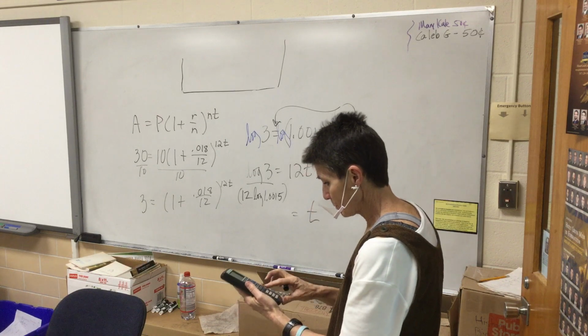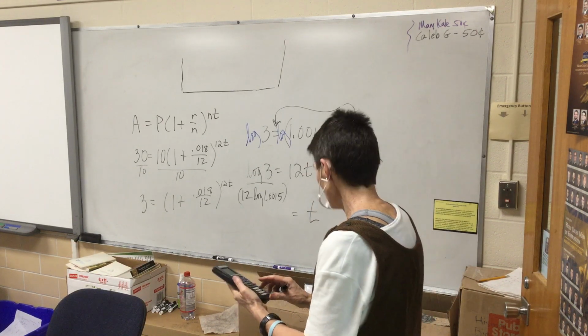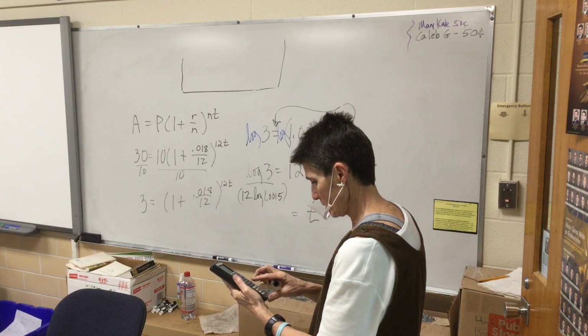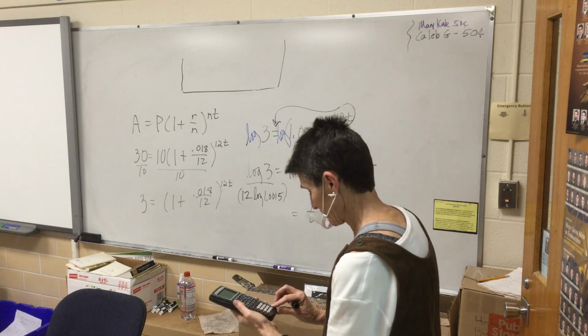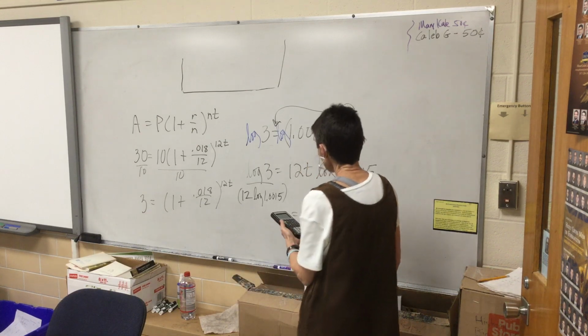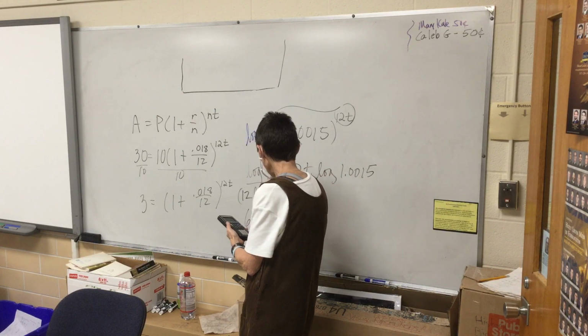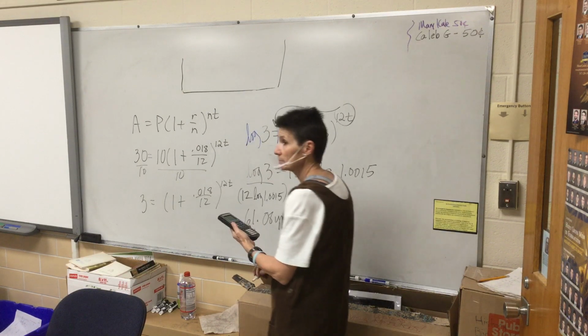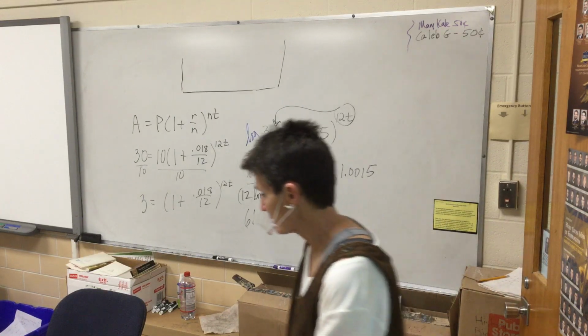So log 3, close parentheses, divided by parentheses, 12 log 1.0015. Oh my goodness gracious. It's going to take 61.08 years to triple your money at this interest rate.